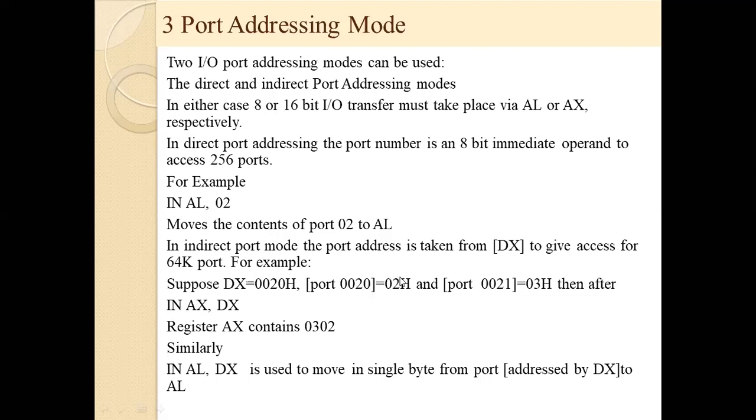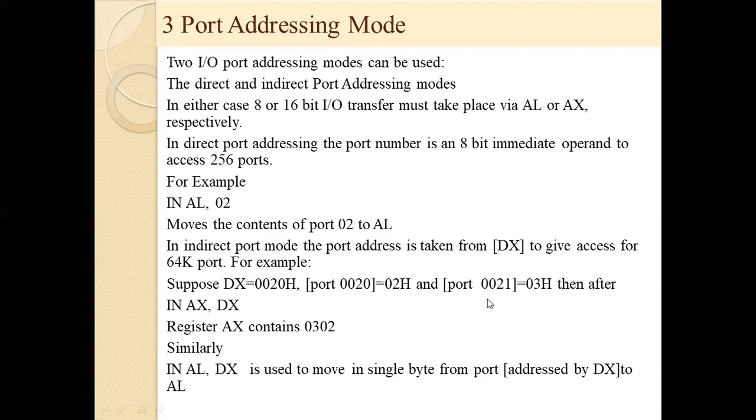It will put it inside AL, and then it will do an increment in this address. So if you do one increment in this address 0020, it will become 0021. I mean, it will become this address. And then from this address, suppose on this address you have 03, that is your data.